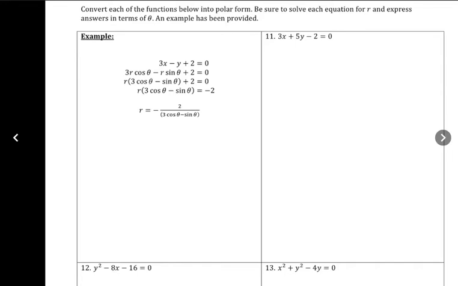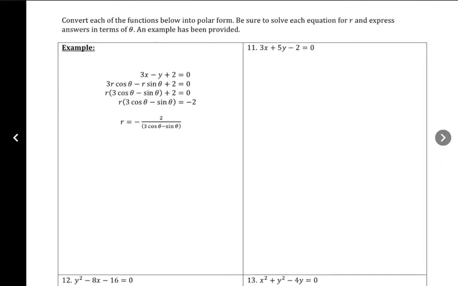And isolating the r is what becomes really tricky. So I'm going to let you guys try number 11 on your own because it follows that same model. Plug in r cosine theta for x, plug in r sine theta for y, and isolate the r.